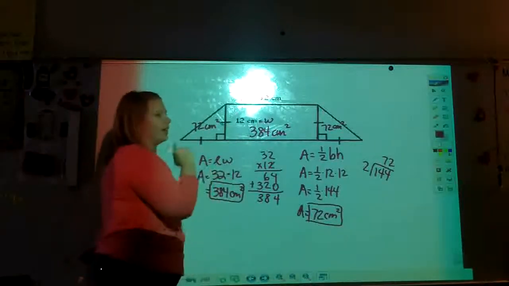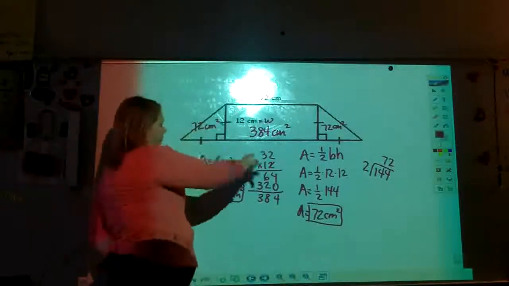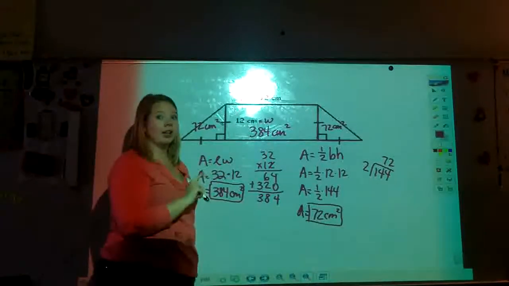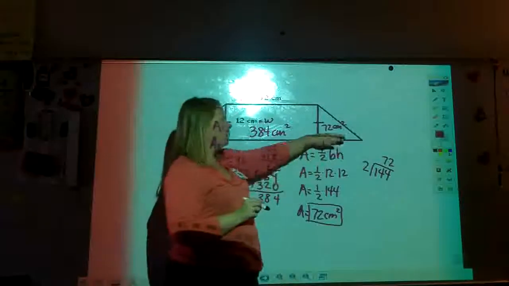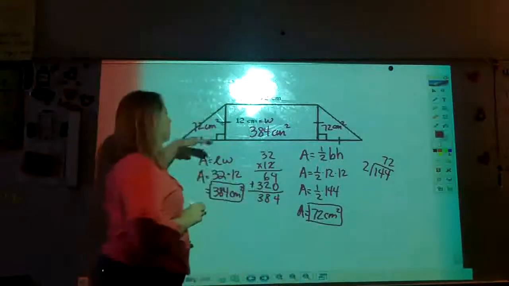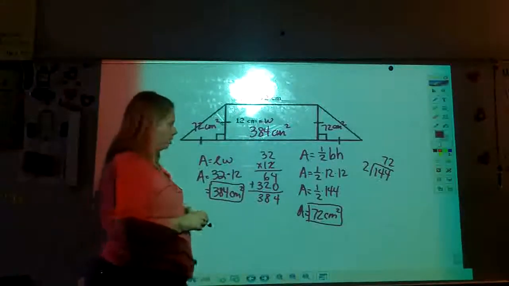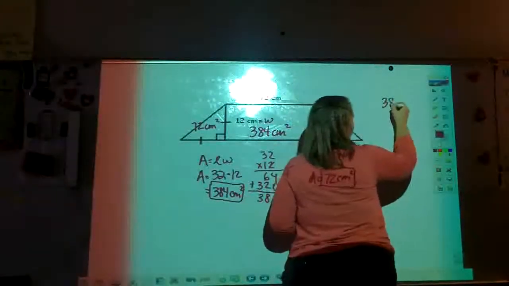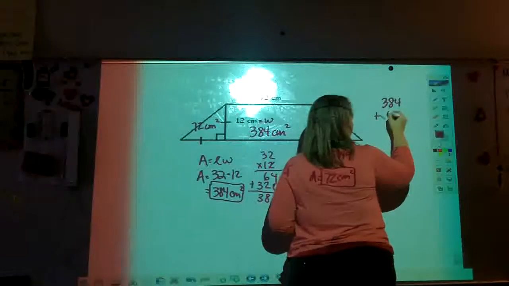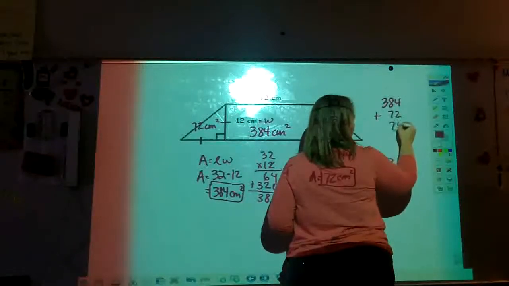Okay, so in order to find the area of this entire composite figure, I have to add 384 square centimeters plus 72 square centimeters plus another 72 square centimeters. So now I add 384 plus 72 and 72.